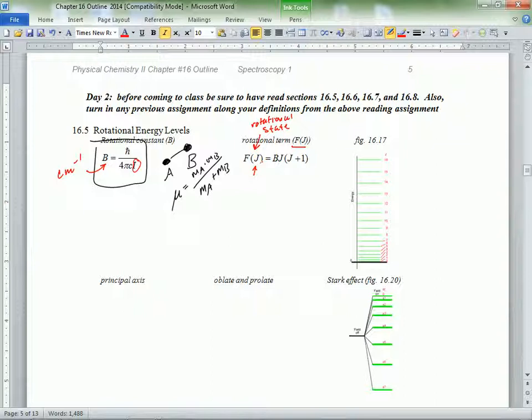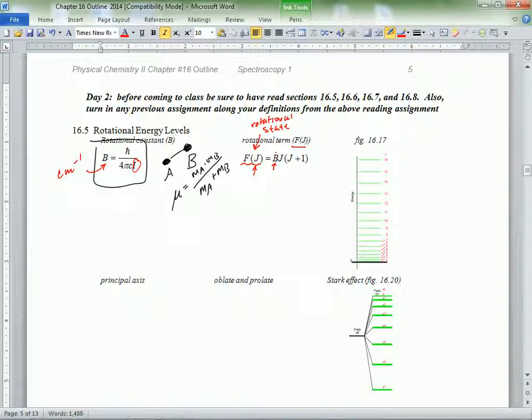What I think is interesting, though, is to describe a state, it's B times J plus 1. Now, J is just a quantum number, 1, 2, 3, 4, 5, 6, 7, just a whole number. So that means this F of J has to have what units? Does J have any units?